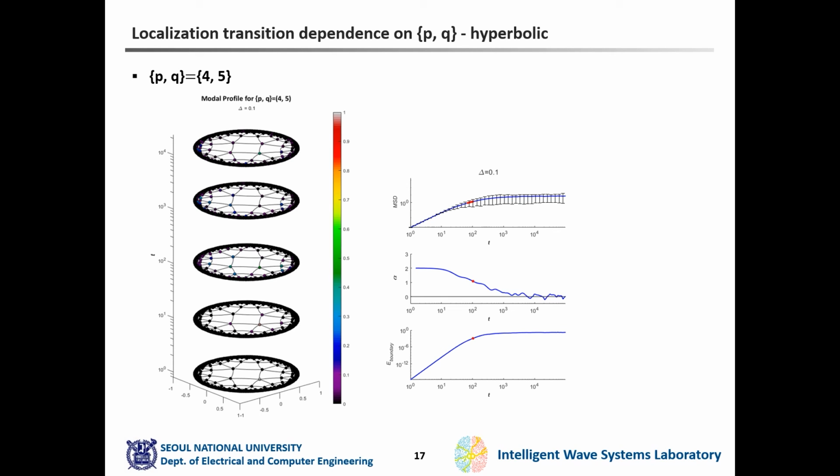It just transitions to the diffusive regime, meaning the exponent drops to 1. Resonating frequency is 1, thus disorder 0.1 means 10% disorder is introduced at resonating frequency, which is a very strong disorder. It can be seen that hyperbolic lattice shows strong immunity to localization compared to Euclidean lattice.